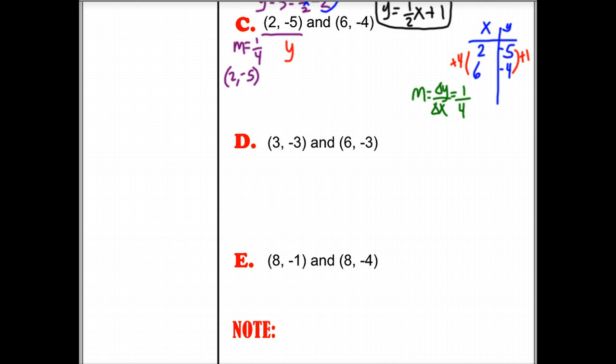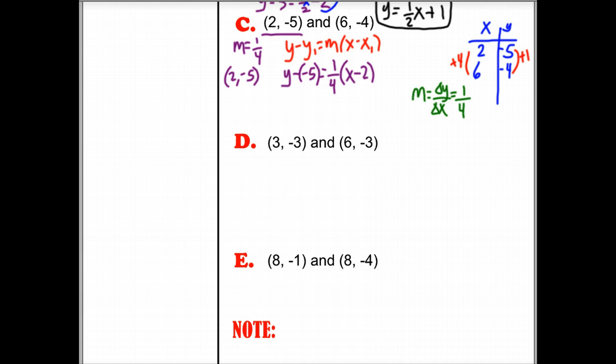And we have y minus y1 equals m times x minus x1. Plugging that in, we get y minus -5 equals m, which is 1/4, times x minus 2.